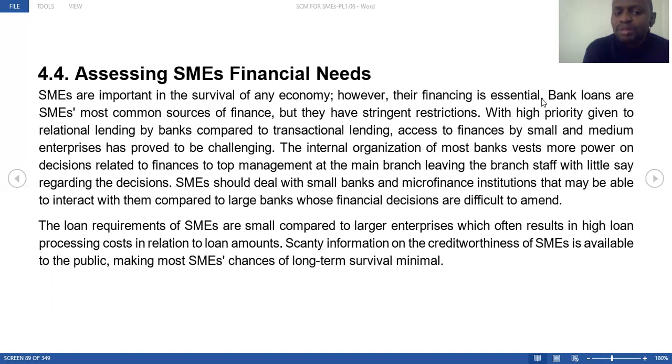And remember, even the big organizations have to borrow for purposes of sustaining their business in the long term. And we are saying borrowing is not bad, but you have to put it to good use. What you borrow must be put to good use.